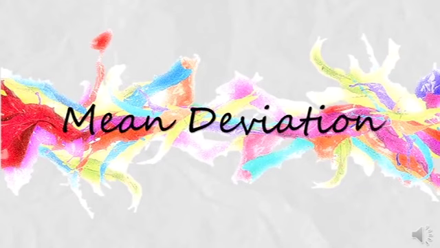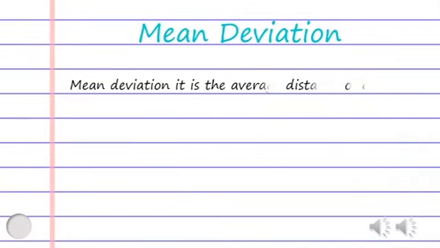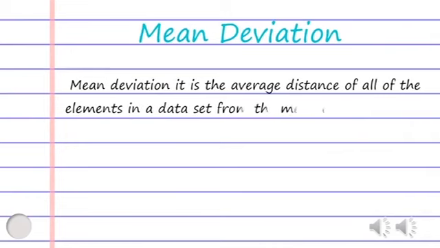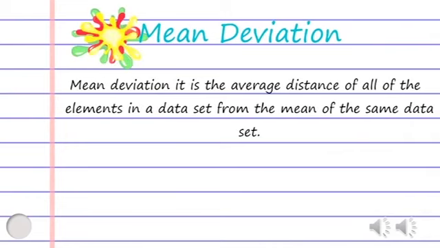Hello everyone, in this discussion, we are going to practice calculating the mean deviation for a given dataset. Mean deviation is the average distance of all of the elements in a dataset from the mean of the same dataset.